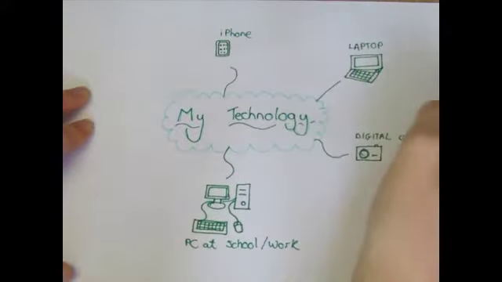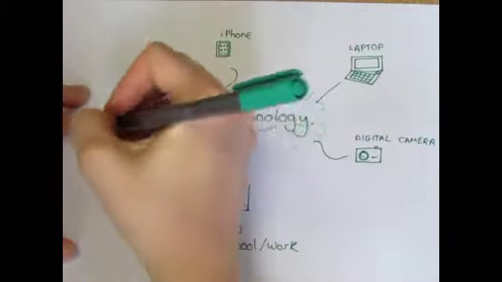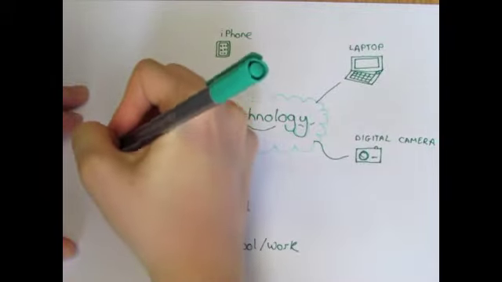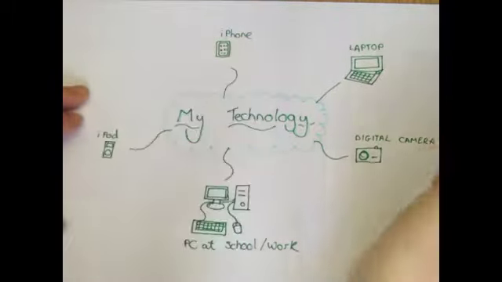During this process, you may wish to prompt the young person to help them to think of all the different types of technology that they may use or have access to.